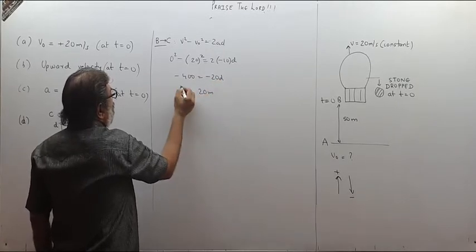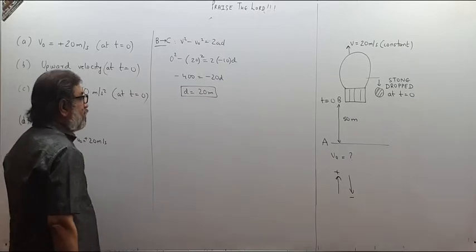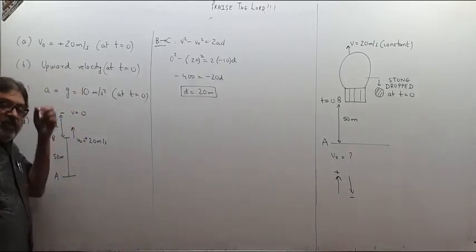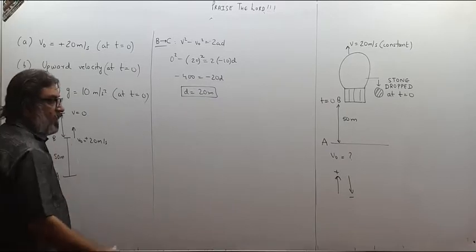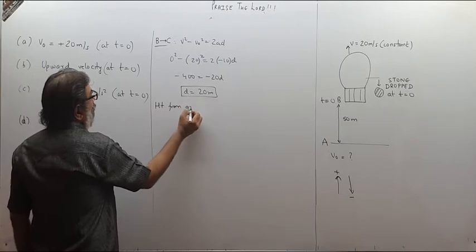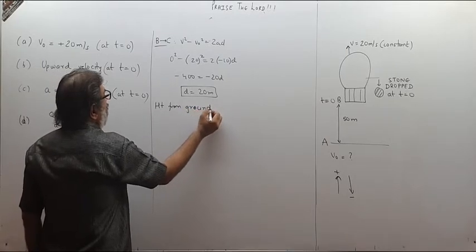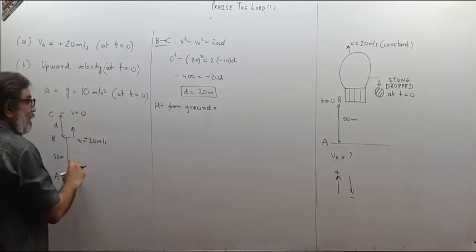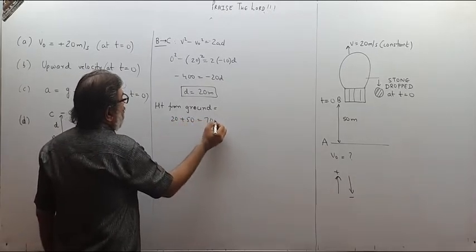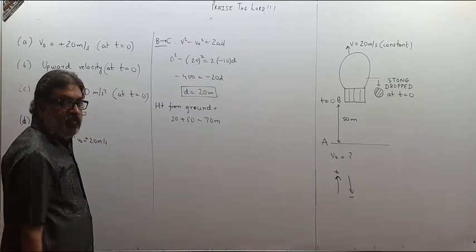So d becomes 20 meters. So displacement is 20 meters, and plus means it is in upward direction. So it will rise to a height of 20 meters. So height from ground will be 20 plus 50, and that will be 70 meters. This will be the height from the ground.